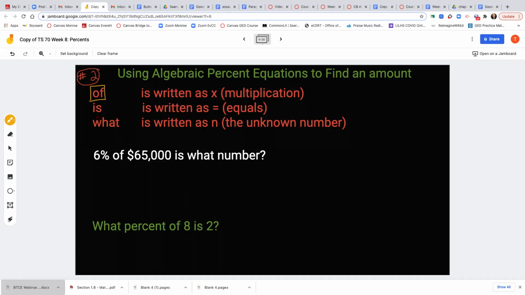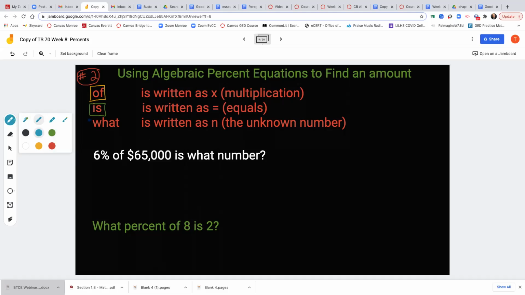The word "is" means something completely different. "Is" means equals. If I say 79 is 15% of something, that means 79 equals 15%. So "is" equals.